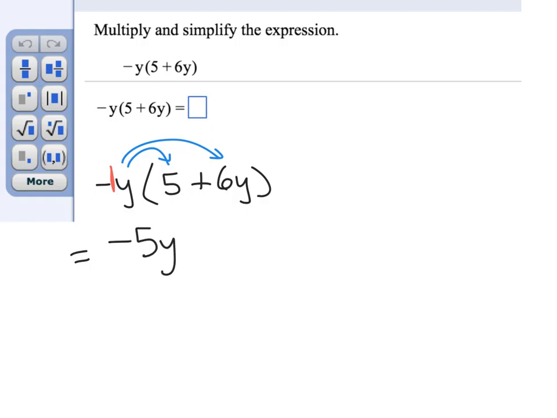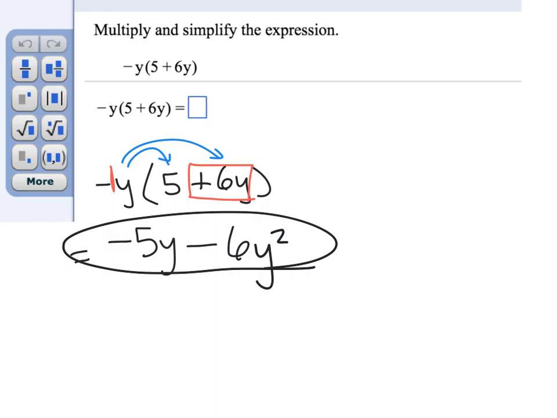And then we have negative 1 being multiplied by positive 6y. So let's focus on the numbers first. Negative 1 times positive 6. Well, that gives you negative 6. Now let's focus on the y's. Y times y is y squared, and there is your answer.